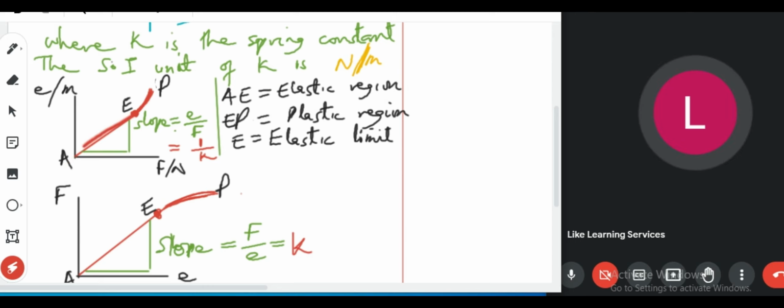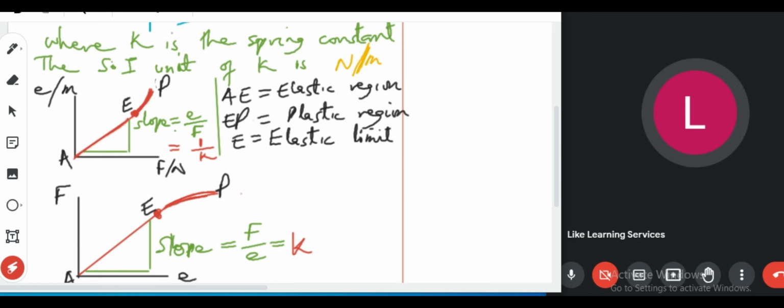So it has not been permanently deformed. E to P is the plastic region. When you stretch it beyond the elastic region and you remove the load or the force, it will no longer return to its original length, because E is the elastic limit. Beyond the elastic limit, it doesn't obey Hooke's law again.